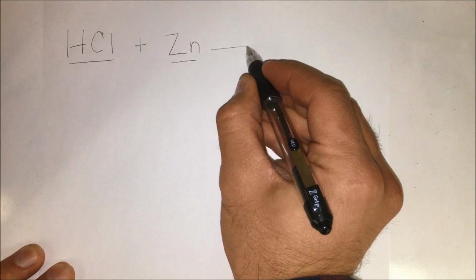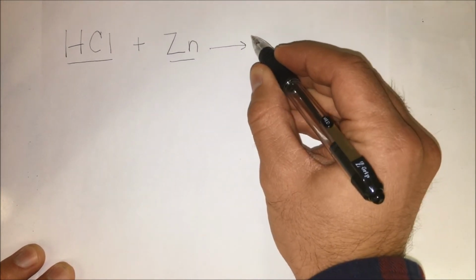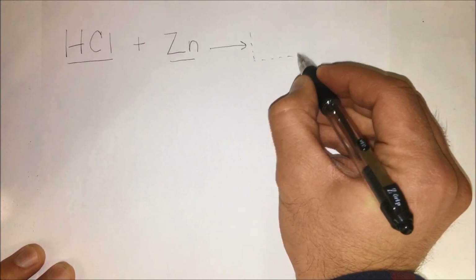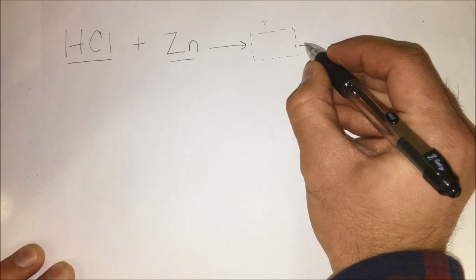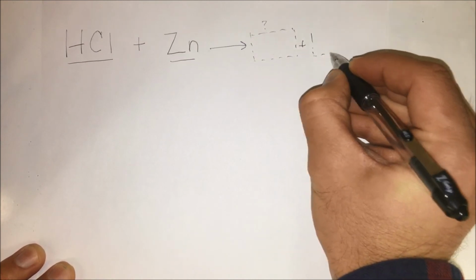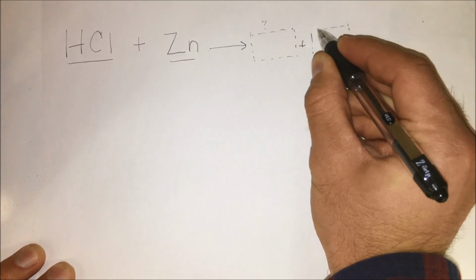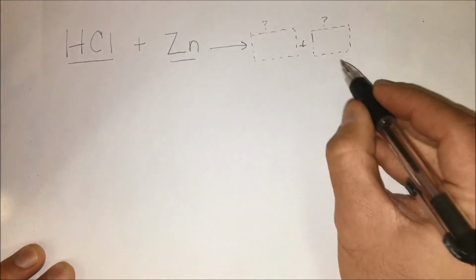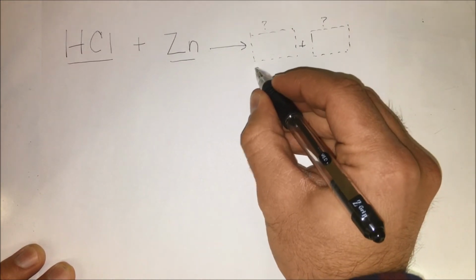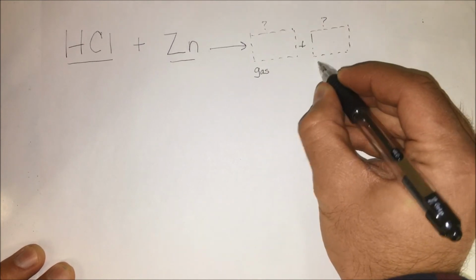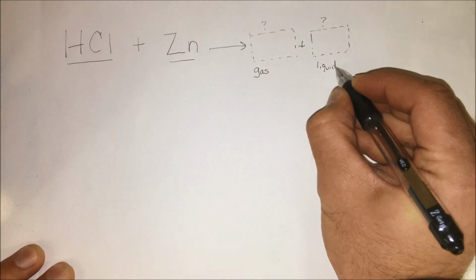So the question is, what is it becoming? I'll give you a hint. It's going to be one of two substances. The other is going to be a liquid solution that we're left behind with. So let's think about this. One of them is a gas, one of them is a liquid.